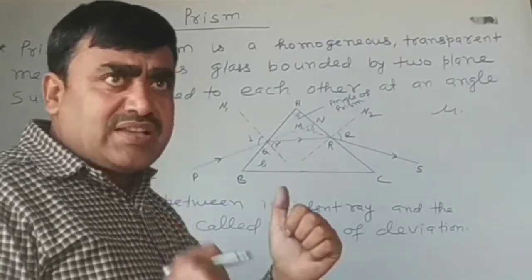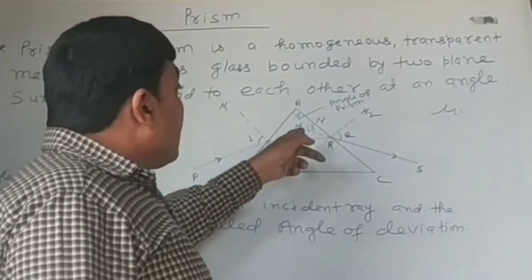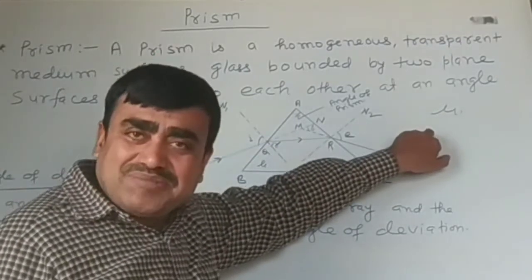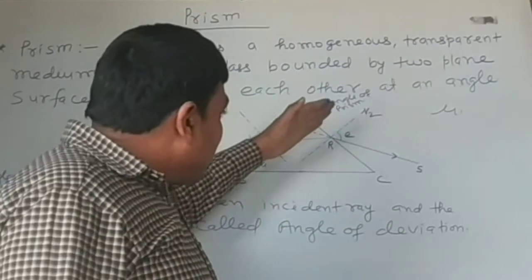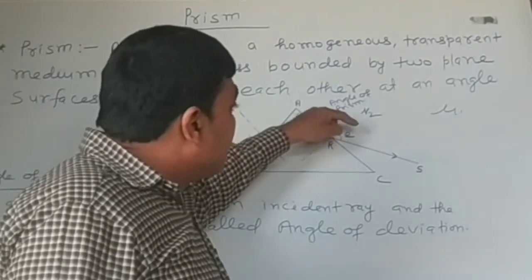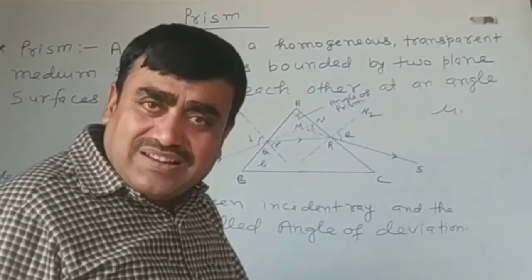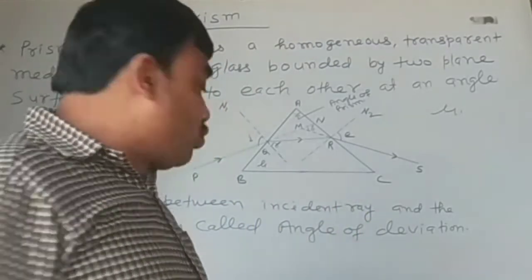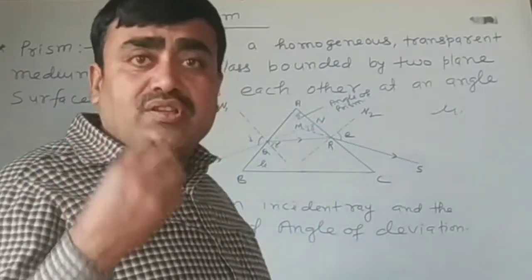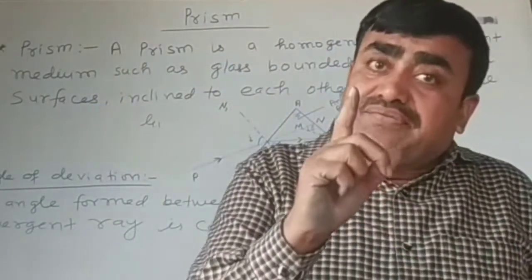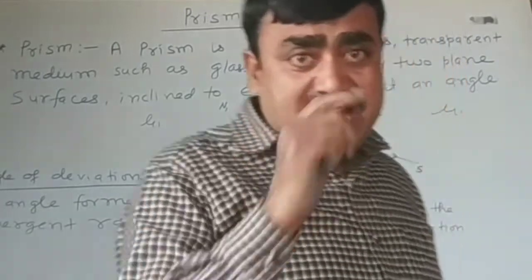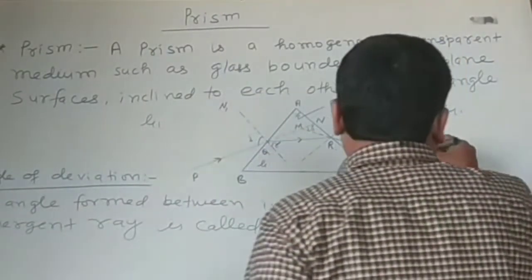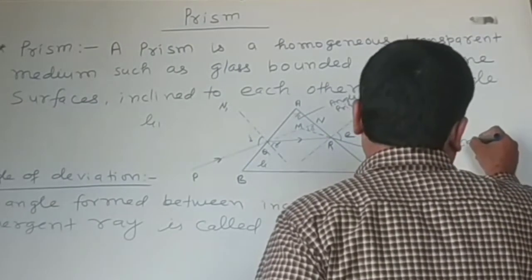Now in this case, it goes from denser medium to the rarer medium. Okay? That means it bends away from the normal. That means in the case of a prism, refraction happens two times, and the twice refracted ray is known as the emergent ray.